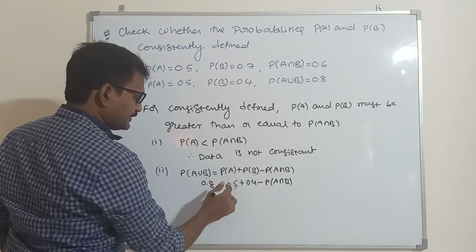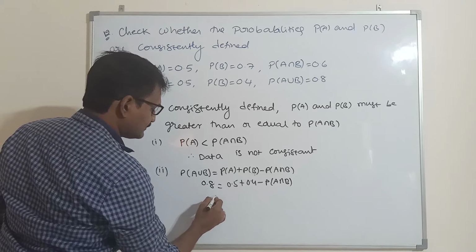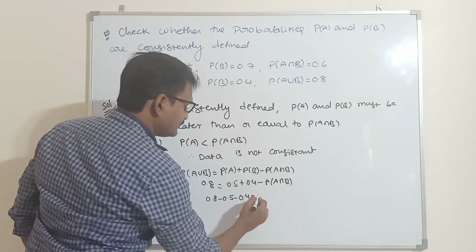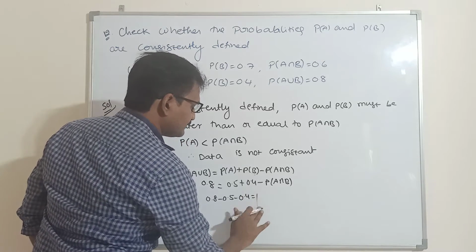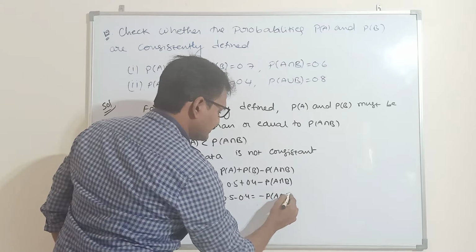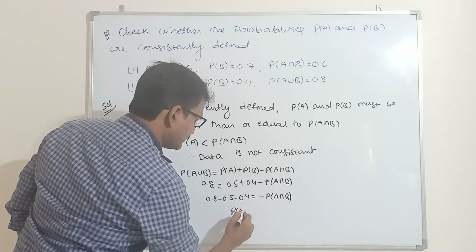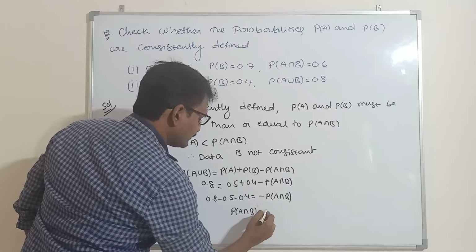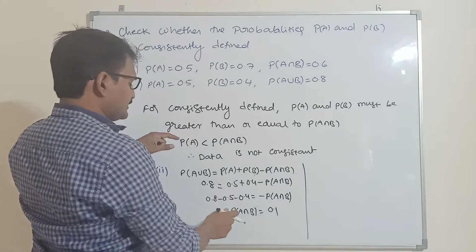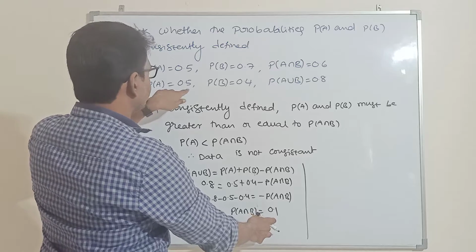So 0.8 minus 0.5 minus 0.4 is equal to minus P of A intersection B. That means P of A intersection B is equal to 0.1.